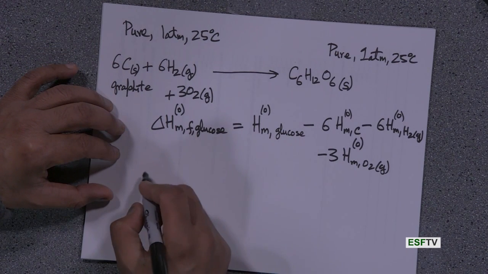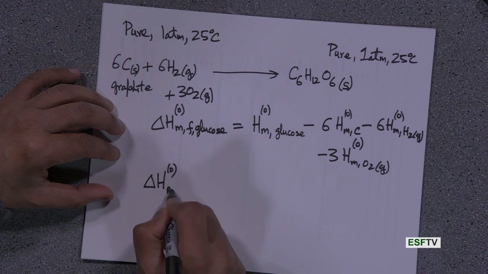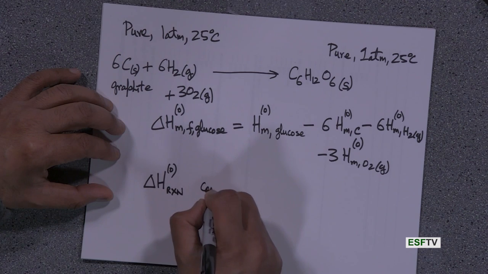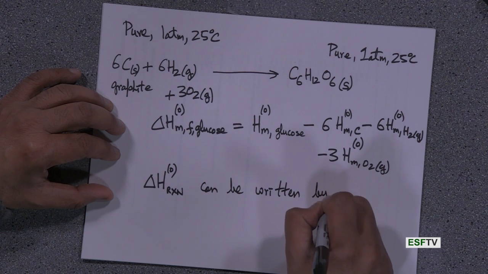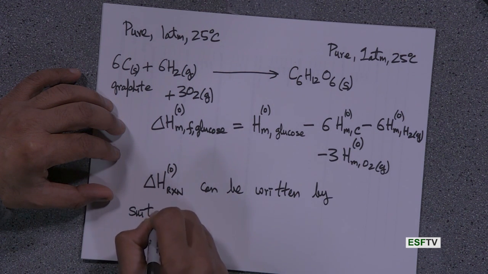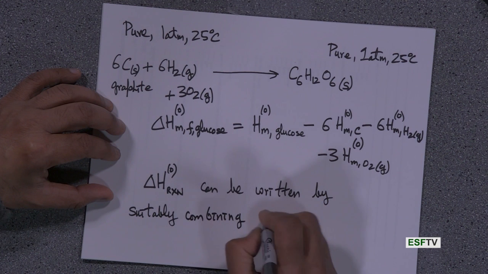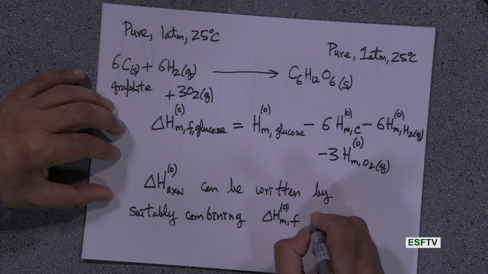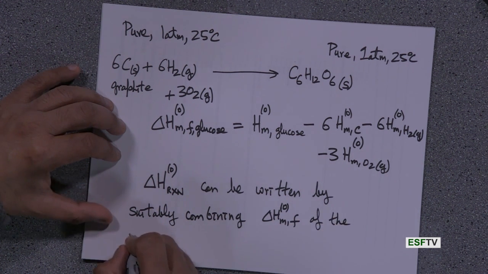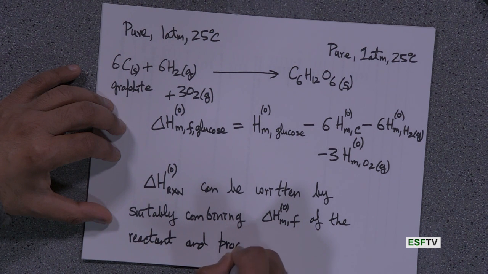Now you can see that the enthalpy change for a general reaction can be written by suitably combining delta H per mole for formation of the reactant and product species.